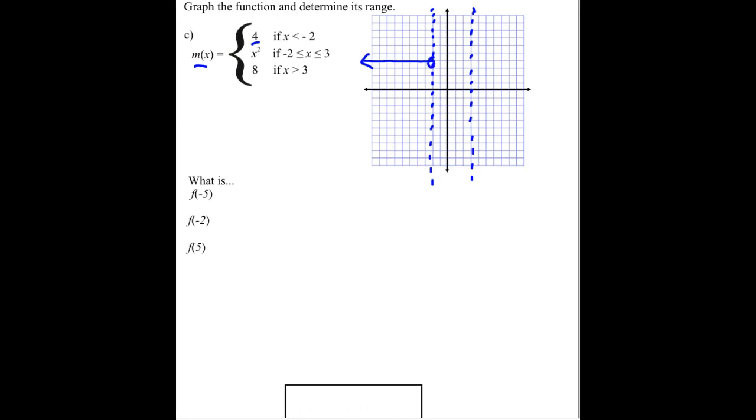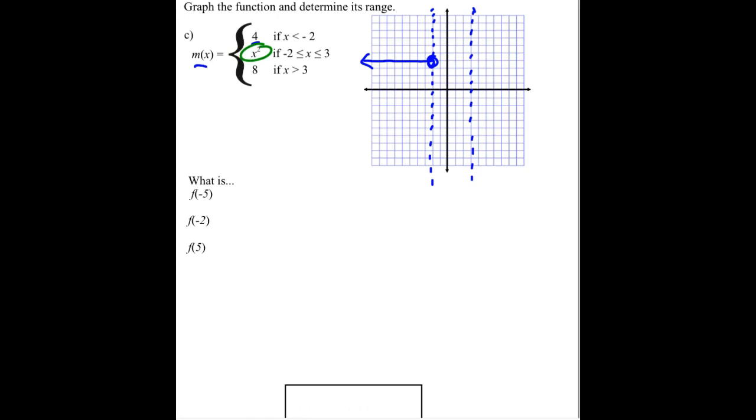Okay. Then I shift to a basic y equals x squared graph. What does that look like? Y equals x squared. We just graphed one. That's a parabola, right?